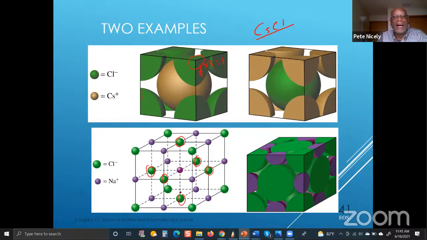All right. In this case, let me see what the arrangement is. You have a sodium atom in the middle, and a sodium atom here, in this unit cell, here, here. Let me count them. 1, 2, 3, 4, 5, 6, 7, 8, 9, 10.